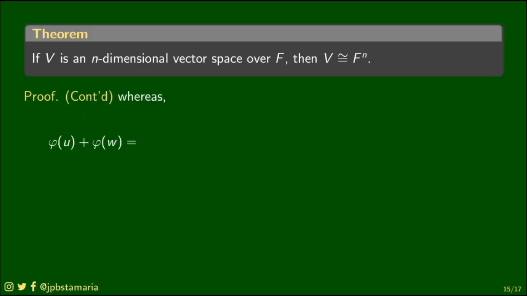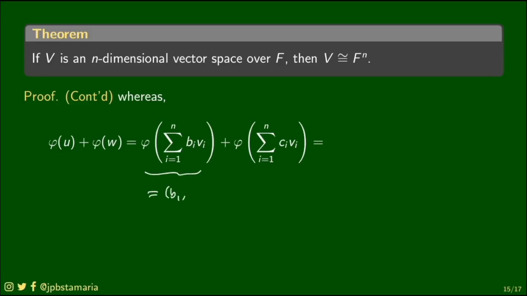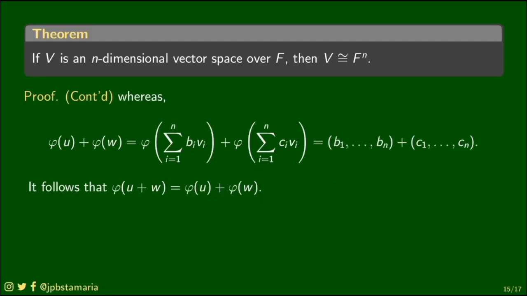On the other hand, if I take phi of u plus phi of w, I will get this. Now phi of u is equal to the coordinate b1, ..., bn. This one equals c1, ..., cn. So when I add these two together, I will also get the previous one. Therefore, it follows that the image of the sum u plus w equals the sum of the images, phi of u plus phi of w.